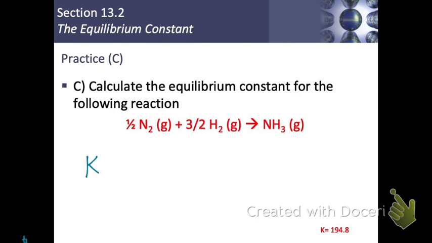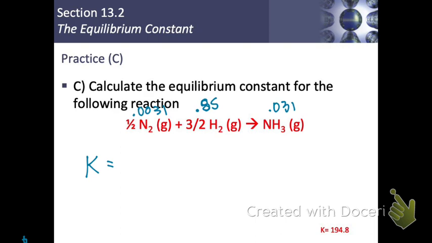I'm going to solve for K, and I'm looking back at my other concentrations, the original ones they gave us. So NH3 was 0.031, N2 is 0.85, and this was 0.0031. Those were our original concentrations.